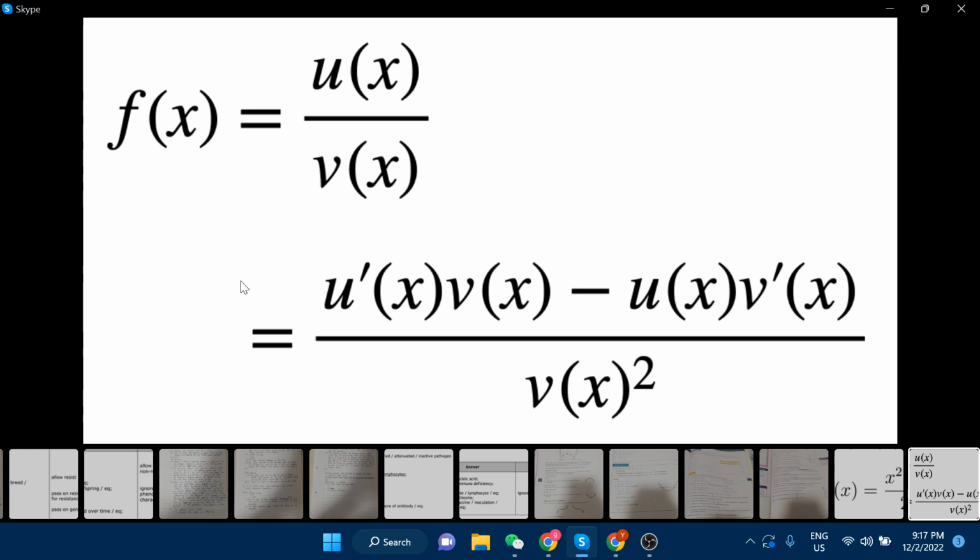No, if you look at the equation, you'll see that u of x over v of x is equal to f of x, so that is not differentiated. The answer it gives you on the bottom is already differentiated, because they put the differentiation symbol on the top. That whole thing will give you a differentiated equation.